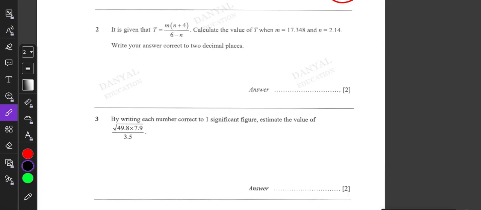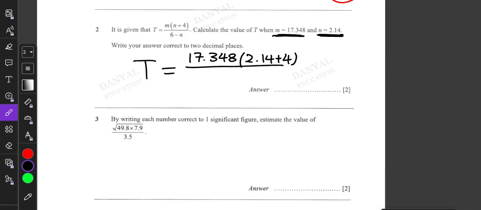First you need to write t, because that's what they are asking for. You then need to substitute m and n. So m is 17.348, and n is 2.14: 17.348 times (17.348 plus 4) over 6 minus 2.14. With this you are allowed to use a scientific calculator.